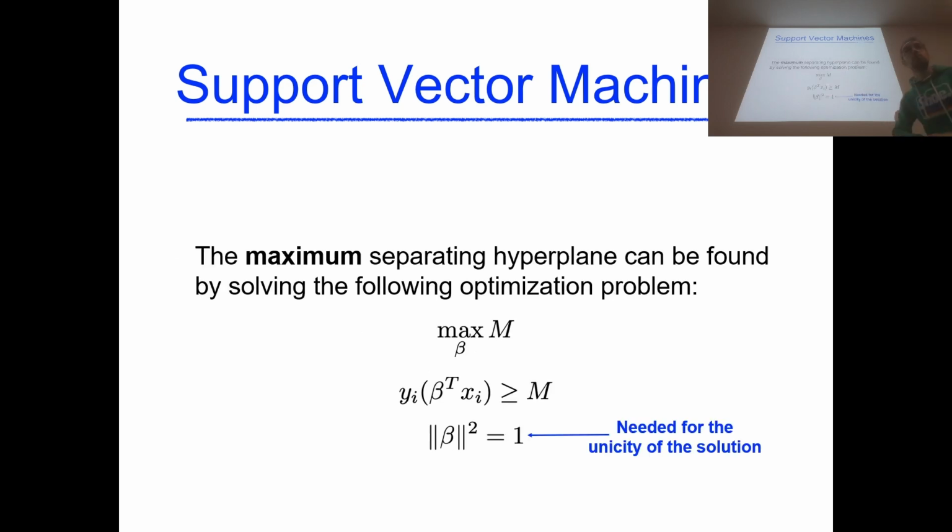We want to have the highest margin possible. And putting these additional constraints on the coefficients simply serves to have a unique solution, to focus on finding at least one solution. So this is the kind of problem that algorithms implementing the idea of support vector machines want to solve.